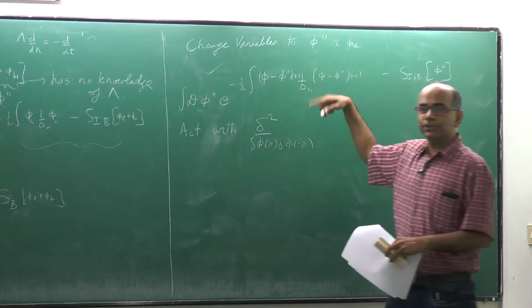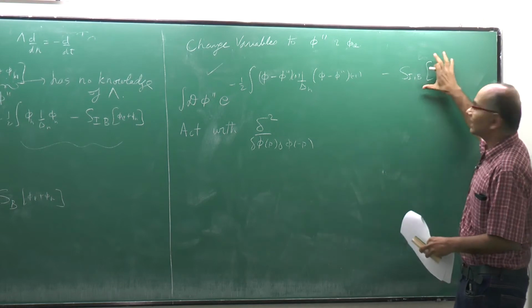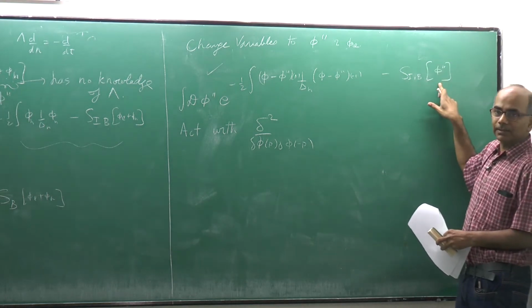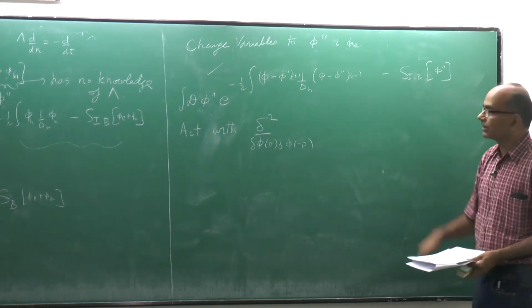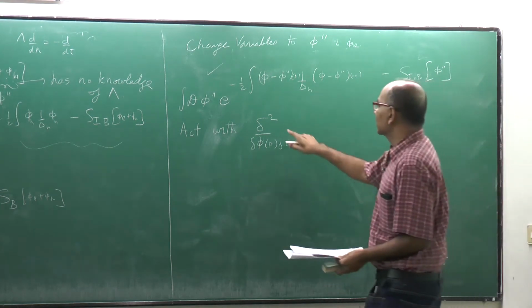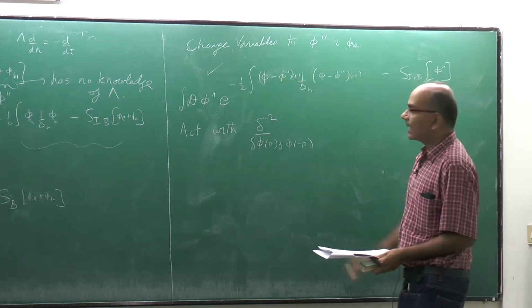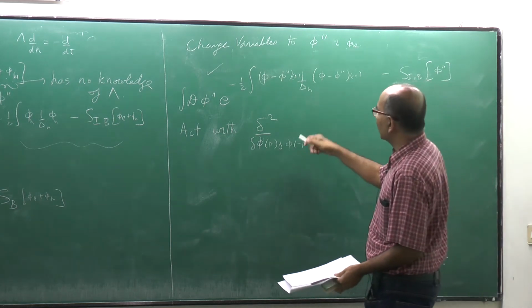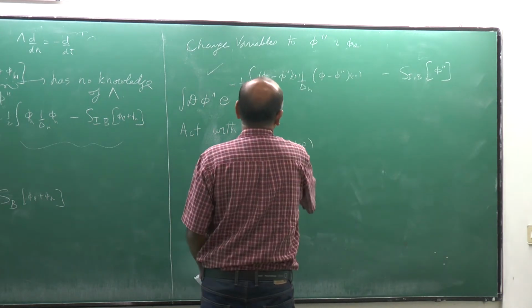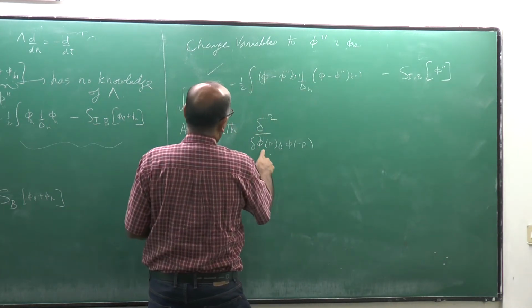This step was crucial because this phi now doesn't act on this. This is phi double prime. It acts only on this. That's why I had to do this change of variables. So let's act with this. It differentiates that, so there will be two terms. Let's do it one by one. If you differentiate this, you will get d by d phi.